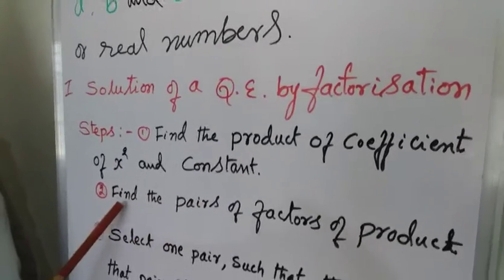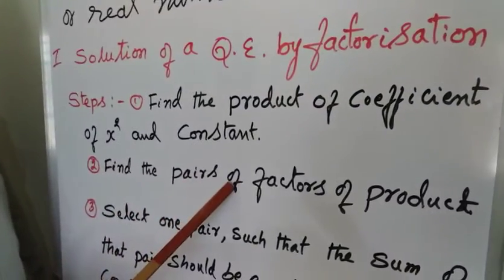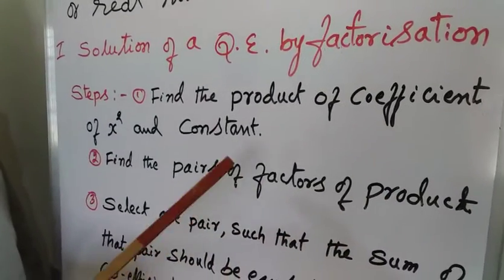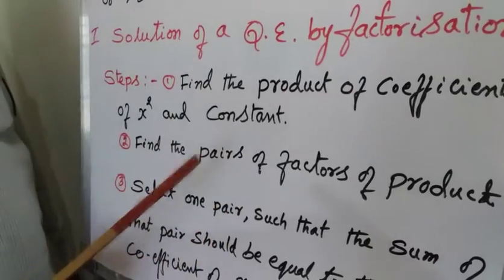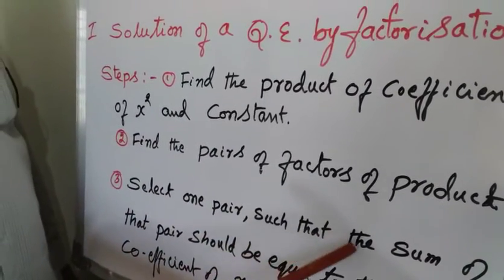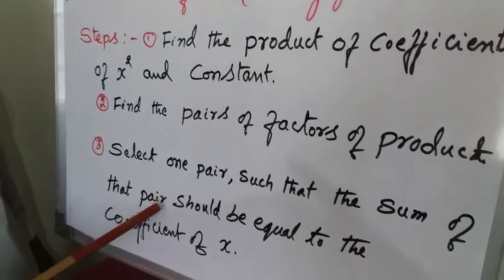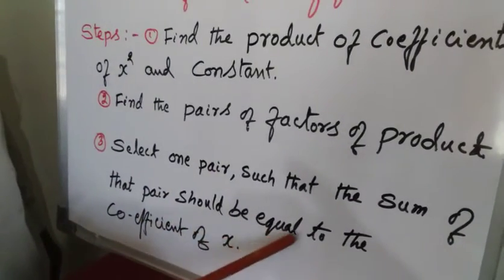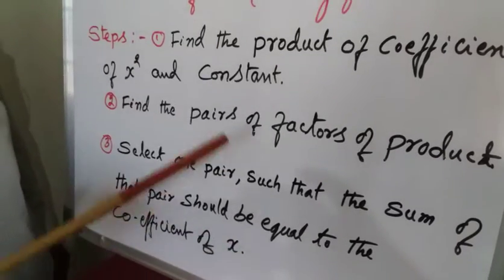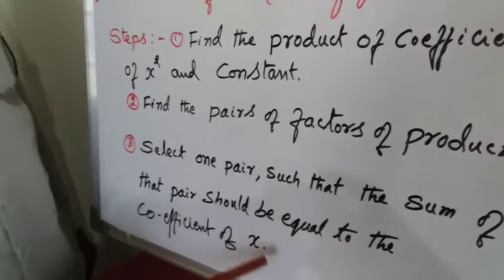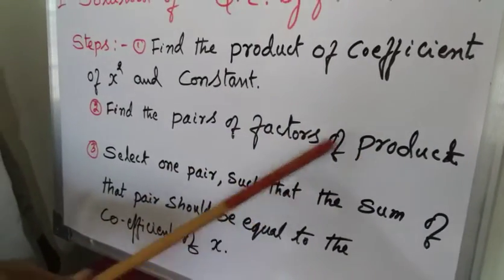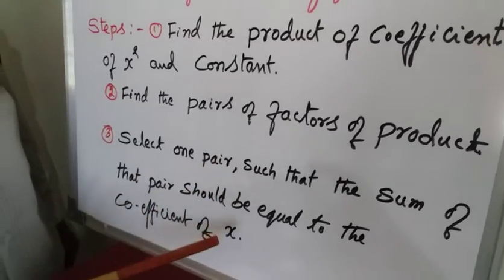Next step, find the pairs of factors of the product. We will get different pairs, and we have to select one pair such that the sum of that pair should be equal to the coefficient of x, and their product should be equal to the product of the two. Then only we have to select that pair.